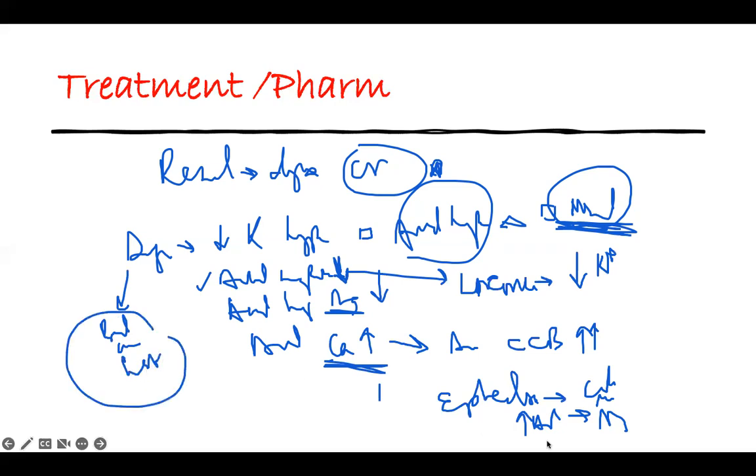So if you take ephedrine, you're going to make somebody's digoxin toxicity high. So digoxin, things you should avoid: hypokalemia, hypomagnesemia, high calcium, hyperkalemia, calcium channel blockers, ephedrine, and licorice.